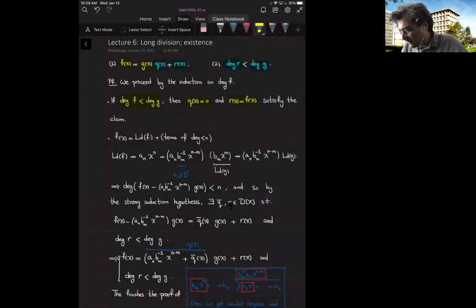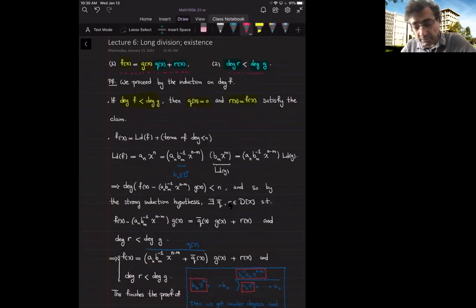And then if you think about it, because I have assumed degree of F is strictly less than degree of G, I get this property. And because Q is 0 and R is F, I get this property. So this means we are done in this case. In this scenario, if degree of F is strictly less than m, which is degree of G, we are done.